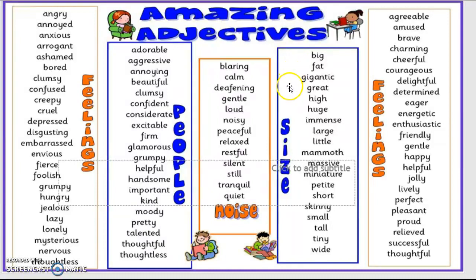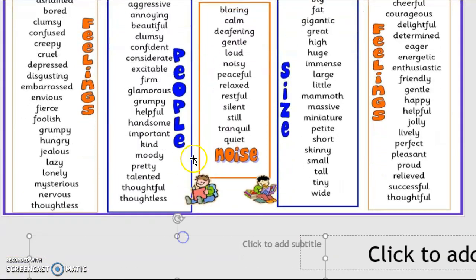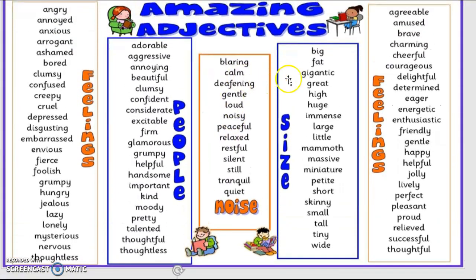And then size is another thing that we can always do for an adjective also. For size, we have big, fat, gigantic, great, high, huge, immense, large, little, mammoth, massive, miniature, petite, short, skinny, small, tall, tiny, wide.